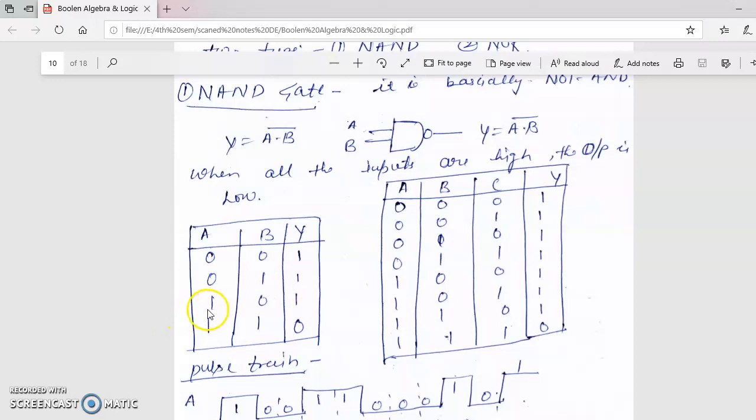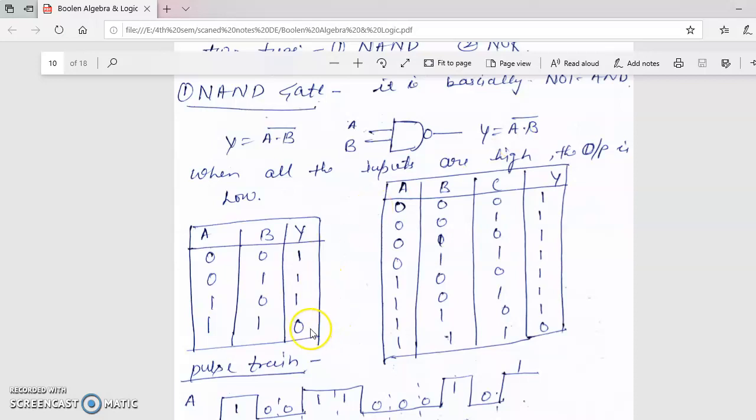Next one, A is 1 and B is 0. Again by the AND gate we get 0, and by the NOT gate we get 1. So the output is 1. Now the last case is when both the inputs are high, 1 and 1. A and B both are 1. The product term is 1, and the complement of 1 is 0.